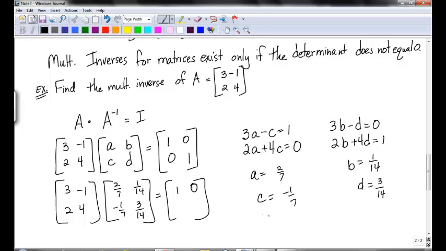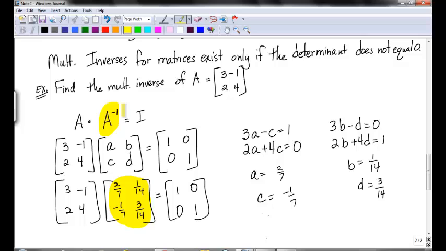This one to this one would be 4/7, and a negative 4/7 would be 0. And then this one to this one would be 2/14, and 12/14 be 14/14. Okay, so this is the multiplicative inverse. That would be your A inverse. Now, that took you a little while, right?